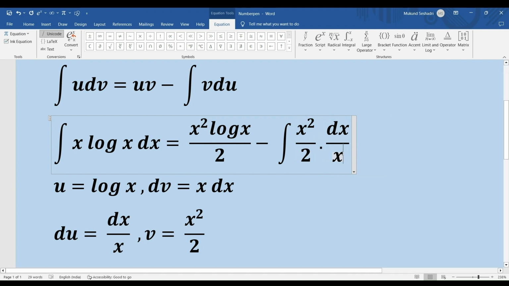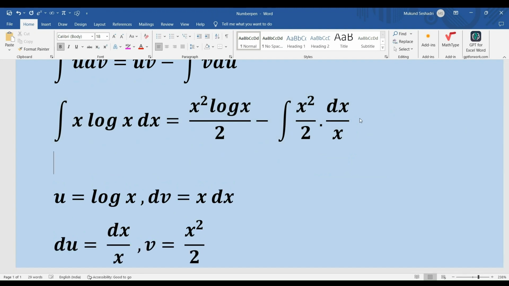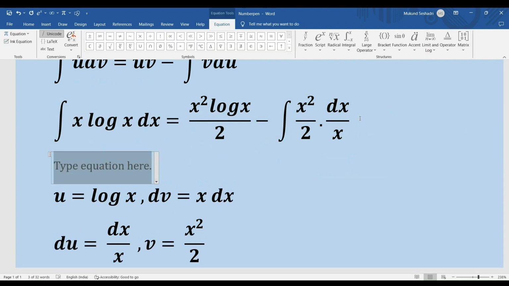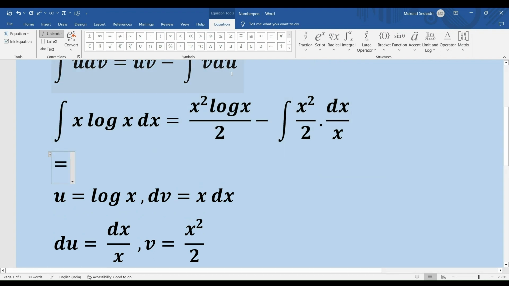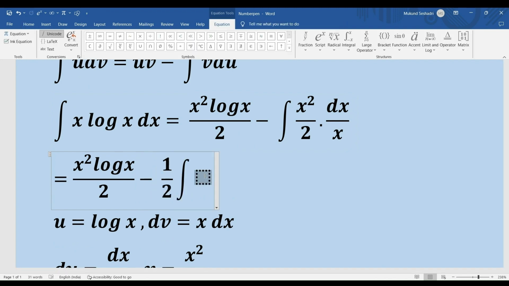So I notice that I can cancel out the x in the denominator with the x square in the numerator. That's one simplification that I can do. And I can do one more level of simplification. And what's that? I can pull out the constant 1 by 2, right? So I'll be left with x square log x by 2 minus 1 by 2 times integral of x dx, right?